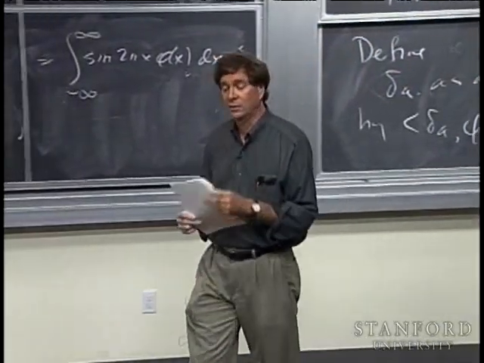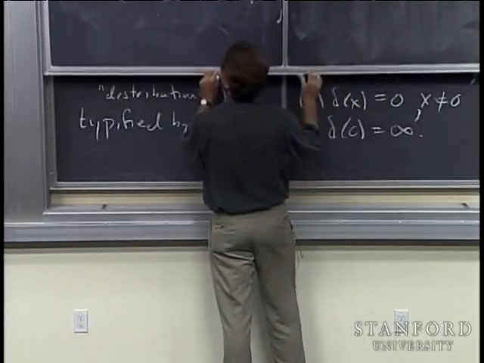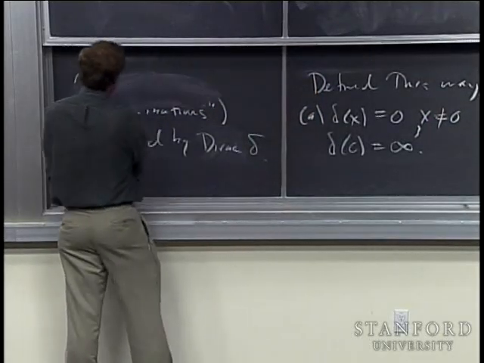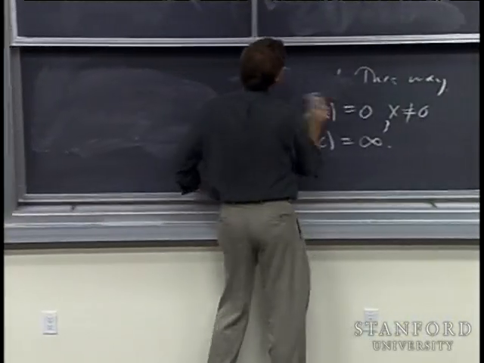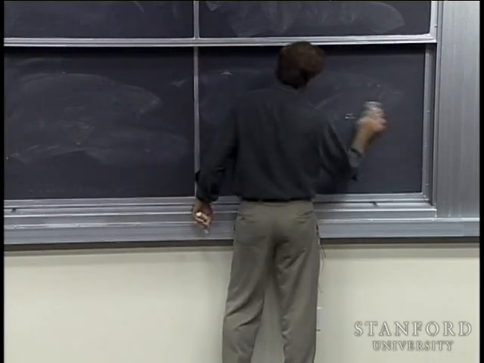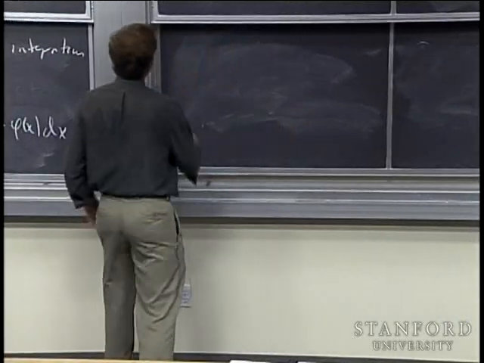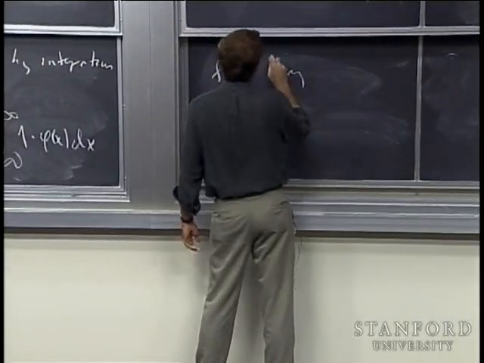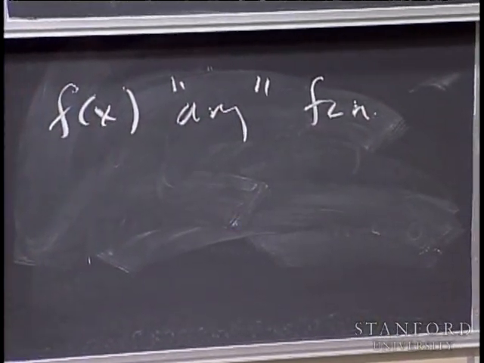So in general, many very wild functions, and some not so wild functions, can be considered generalized functions by this pairing. So if f of x is any function, I'll put quotes around any, because it's not the case that for all functions the integral will make sense.